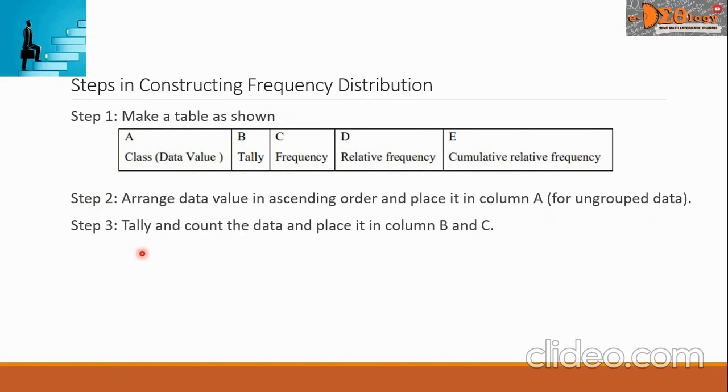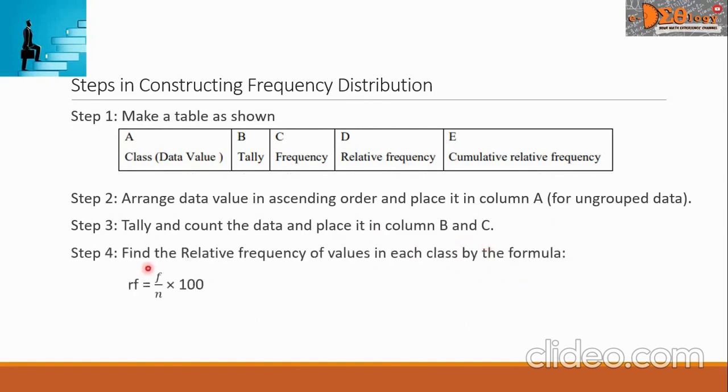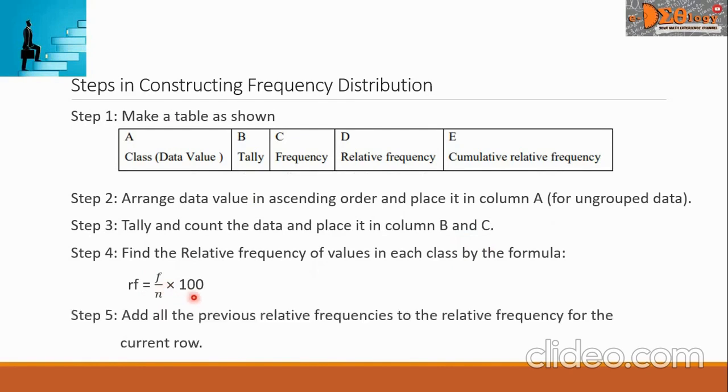Step 3, tally and count the data and place it in column B and C. Step 4, find the relative frequency of values in each class by the formula. Rf equals F over N times 100. Step 5, add all the previous relative frequencies to the relative frequency for the current row.